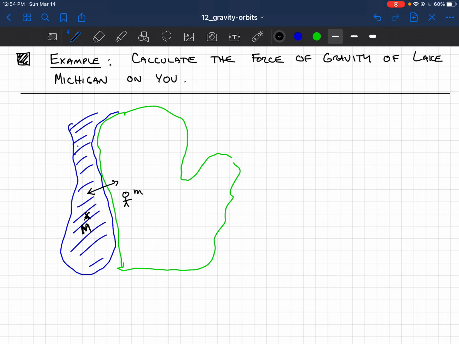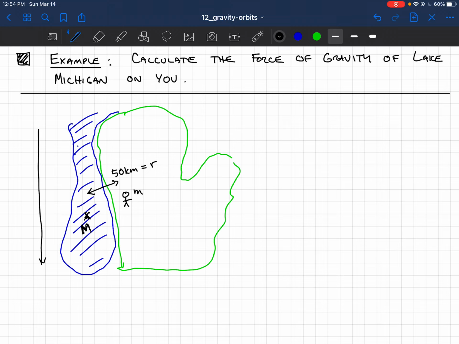And then the separation of these two is maybe, I don't know, 100 kilometers, something like that, or maybe 50 kilometers, depending on how close to the shore you are. So that's our R value. And what is big M?